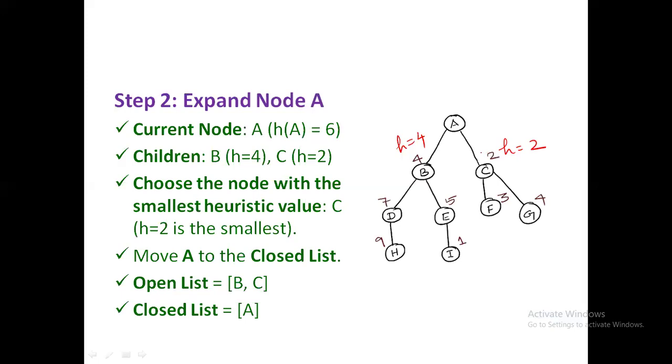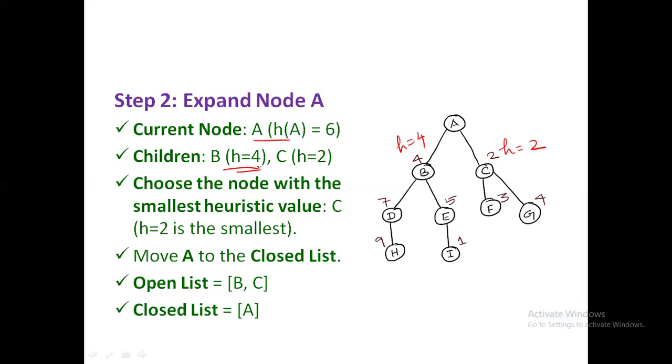Since C has the lowest value, the smallest heuristic value, the algorithm chooses to expand C next. Node A is then moved to the closed list.